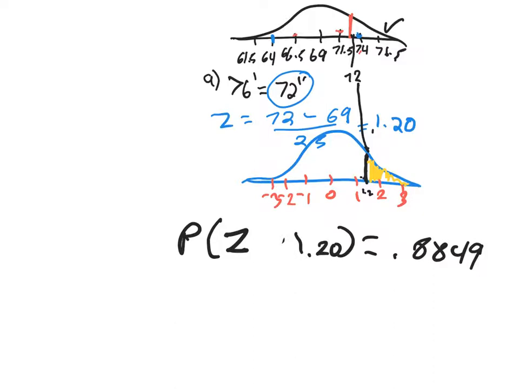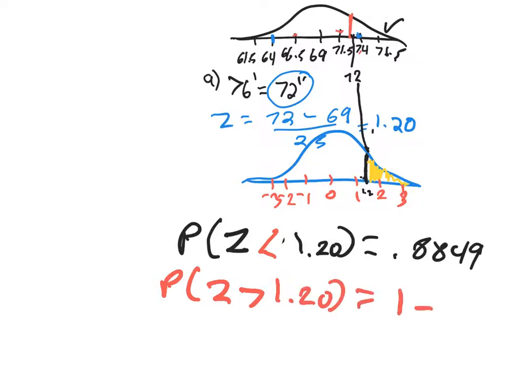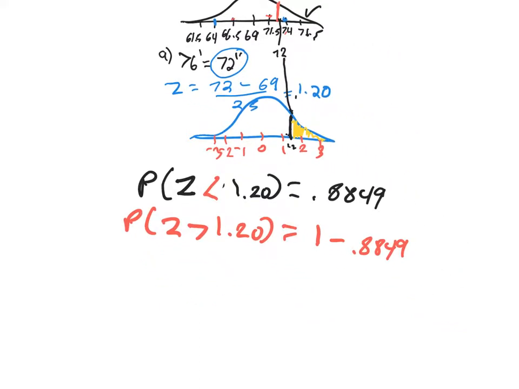The probability that Z is less than 1.20 was 0.8849. The probability that Z is greater than 1.20 is 1 minus 0.8849. And I already did this 3 times, I should have gotten it right. 0.115. Why am I doing it twice? 2 decimals.